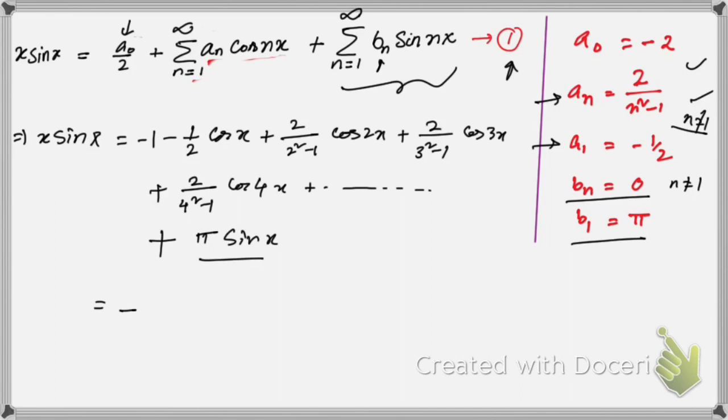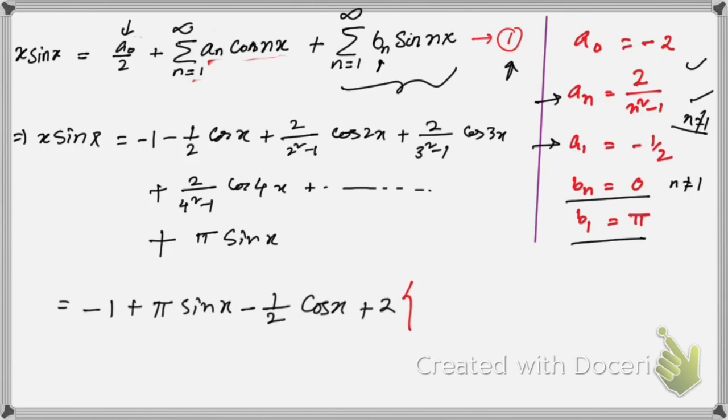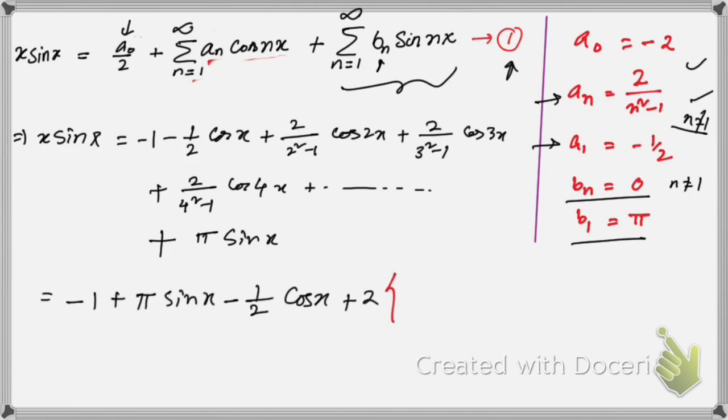Let me write this one first, in the second term. So here plus 2 pi sine x, then minus half cos x, then the remaining terms, that is 2 is taken common. So let me write it properly.